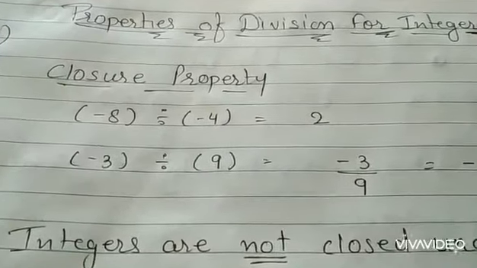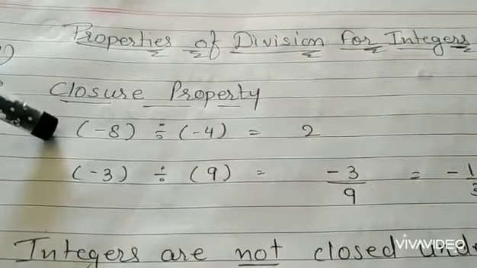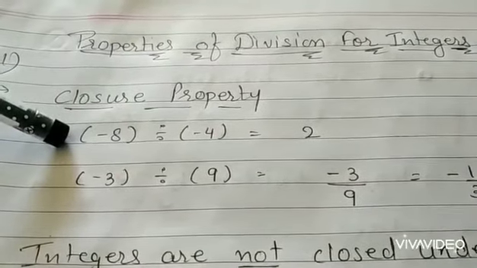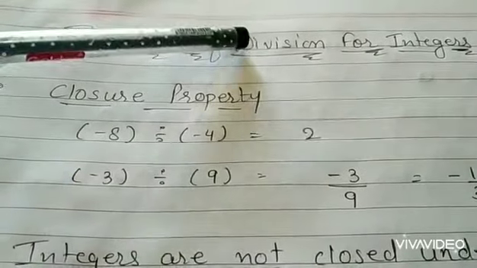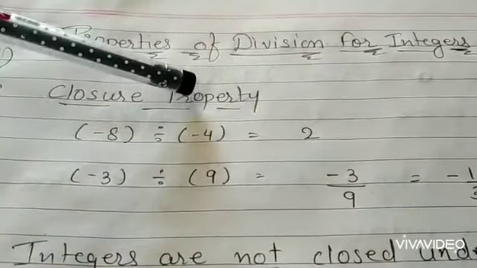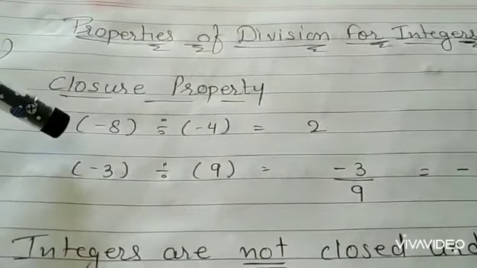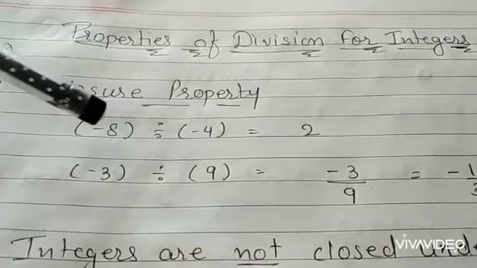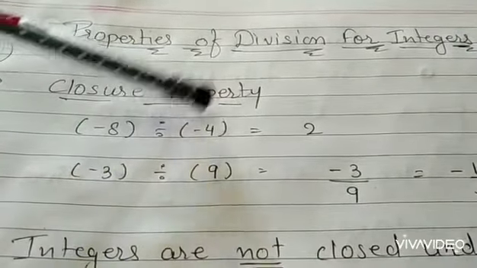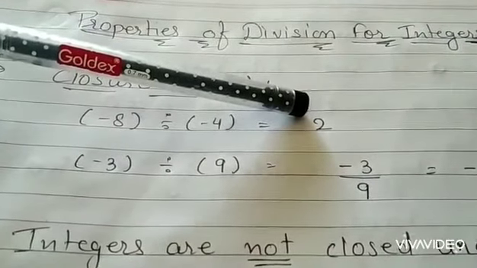Here we are discussing whether division satisfies the closure property or not. We can take any example for checking this. I have taken minus 8 divided by minus 4. As you know, minus 8 divided by minus 4 is nothing but 2, and 2 is also a positive integer.